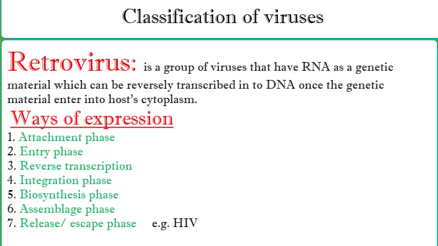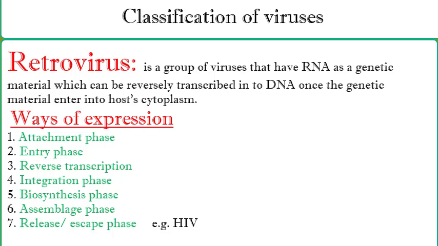The third group is retrovirus. This is a group of viruses that have RNA as a genetic material which can be reverse transcribed into DNA once the genetic material enters the host's cytoplasm. When we see their ways of expression, first, the virus attaches to the host cell. Second, the virus injects or relays its RNA and the enzyme reverse transcriptase into the host cell.